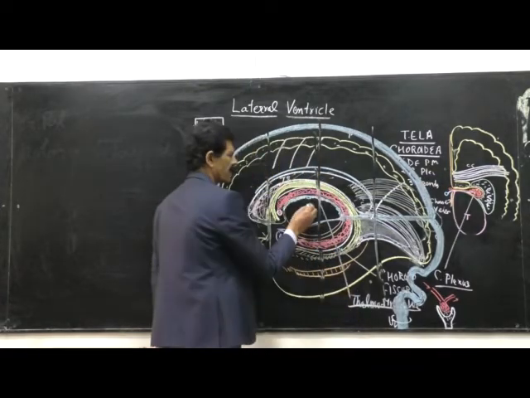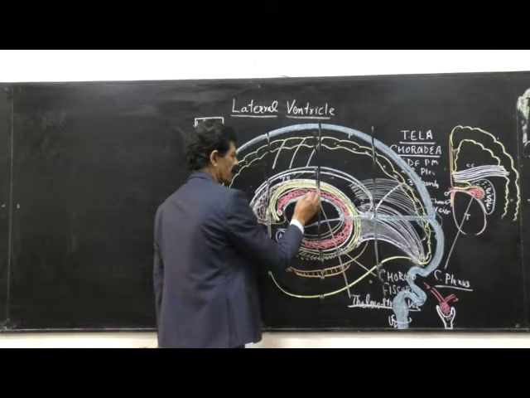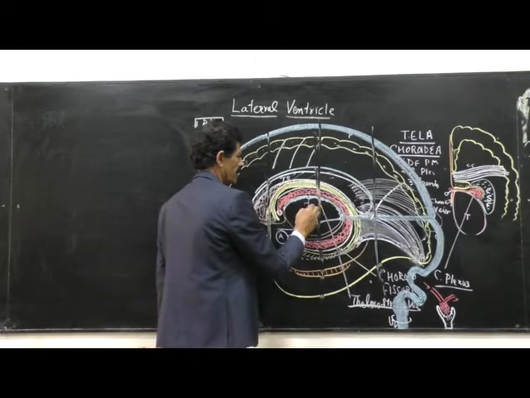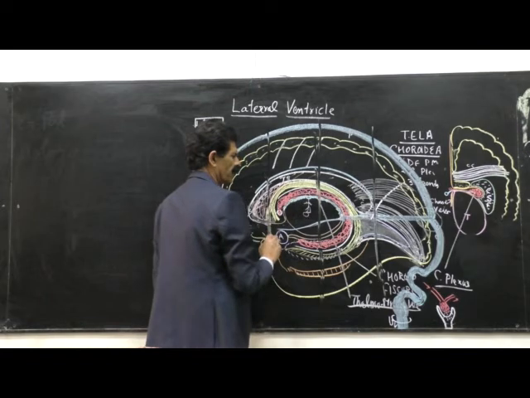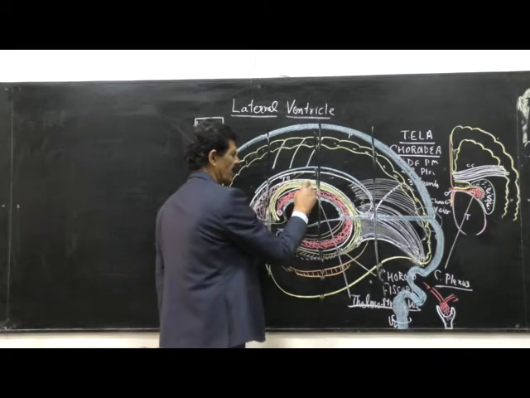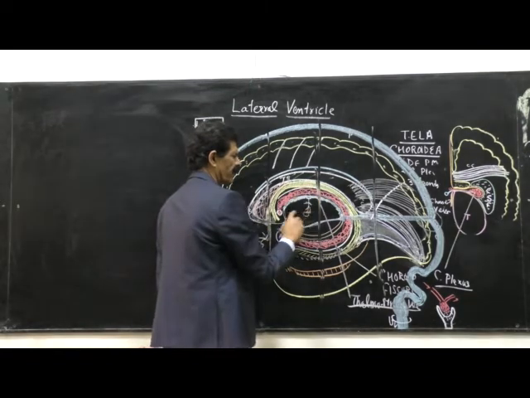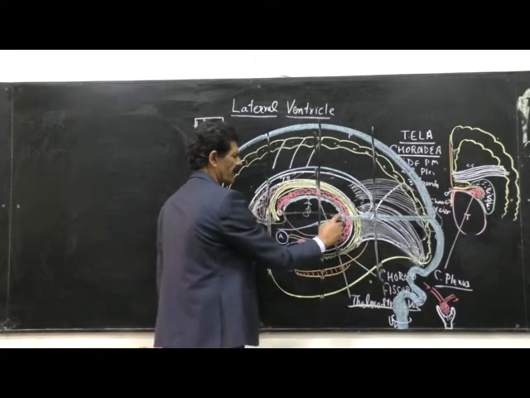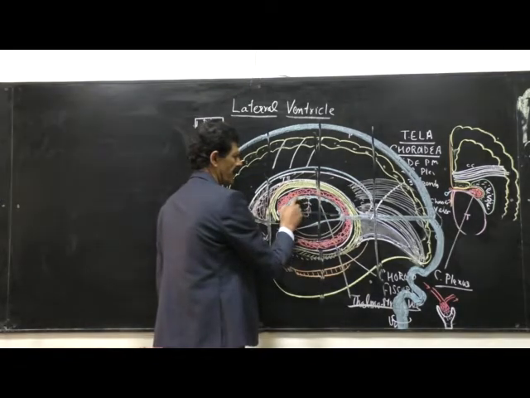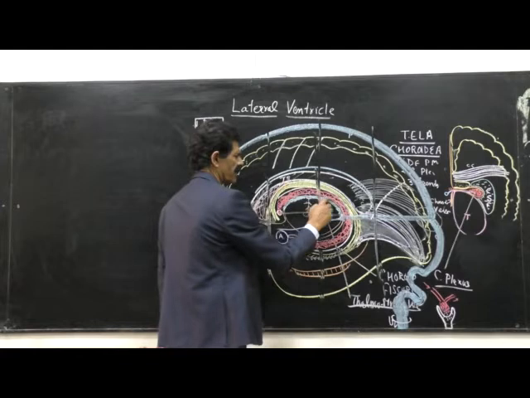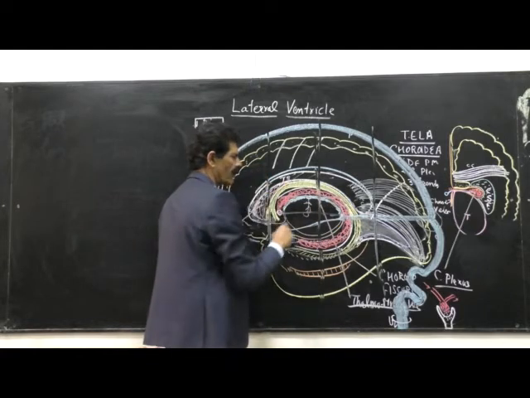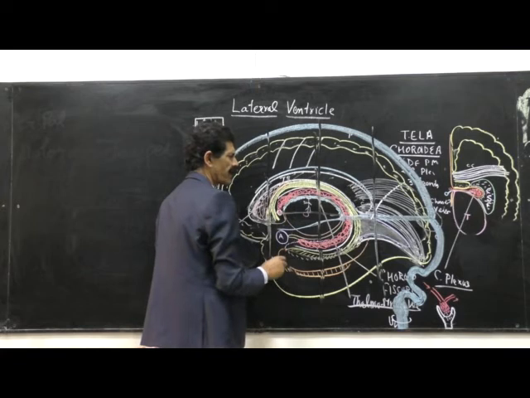It means I am standing here inside the central part. My above is the roof, my feet are touching the floor, and anteriorly I see here and posteriorly I see here. So this is how we describe the boundaries of the central part.